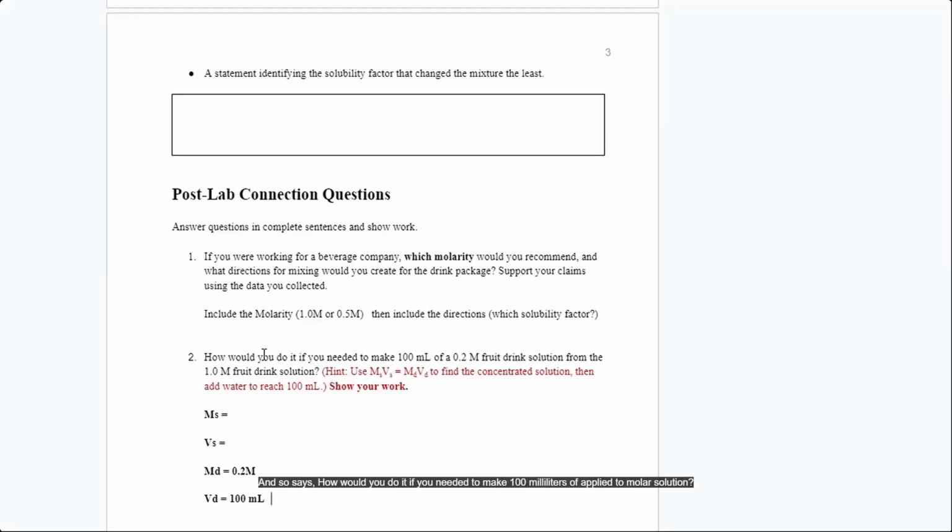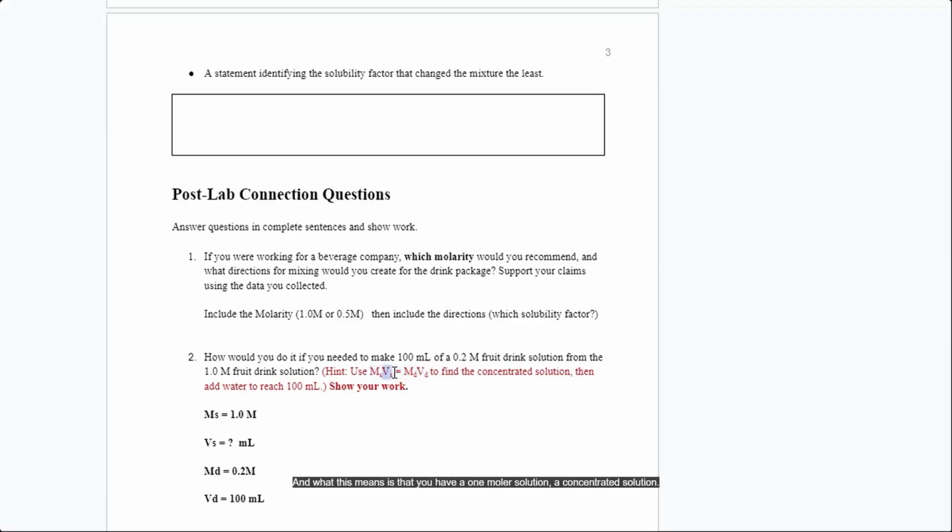And so it says, how would you do it if you needed to make 100 milliliters of a 0.2 molar solution drink from the 1 molar solution? And so right here, we're solving for this. So you can go ahead and plug and chug into this, rearranging to solve for your starting volume.